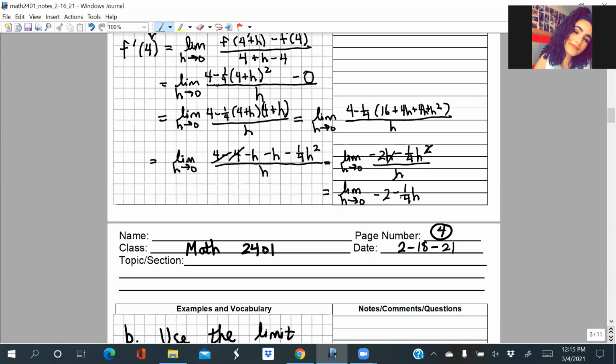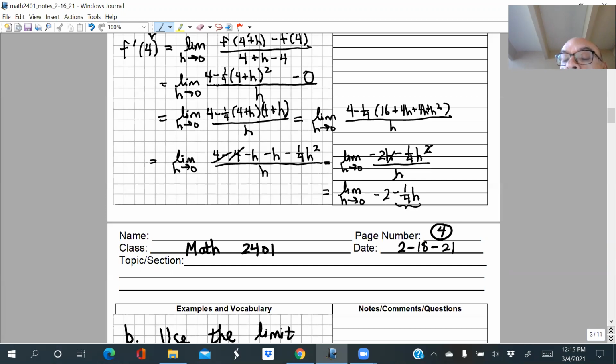Well, part of it's going to get smaller. What part's going to get smaller? Is the minus 2 going to get smaller? I don't think so, right? Because the h has nothing to do with the minus 2. But what part of this does get smaller? That's multiplied by negative 1/4. Yeah, this part, right?